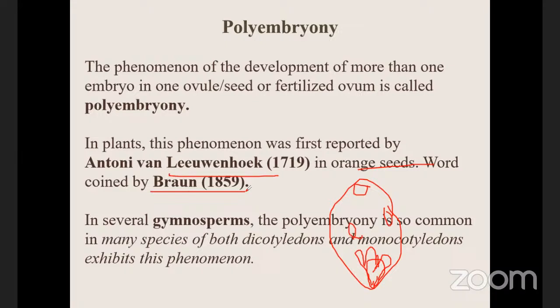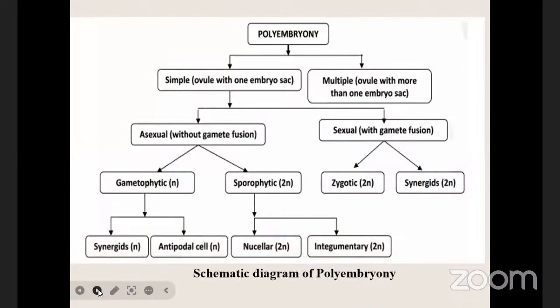Usually polyembryony is present in gymnosperms. It is common in many gymnosperms. Rarely, polyembryony is present even in dicots and monocots, but usually it is common in gymnosperms.